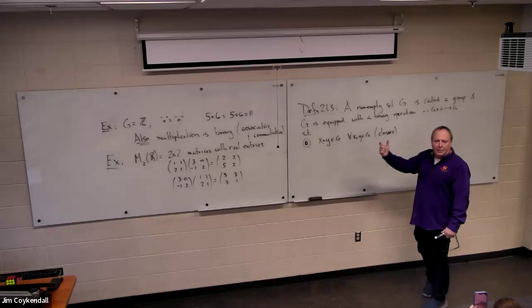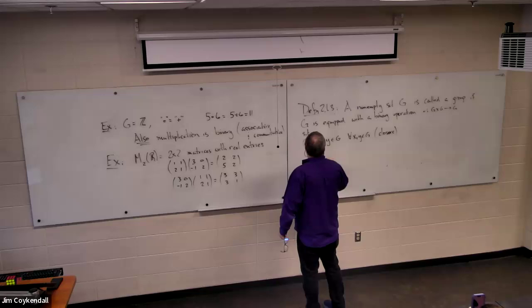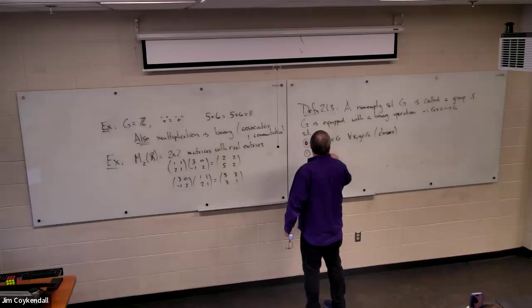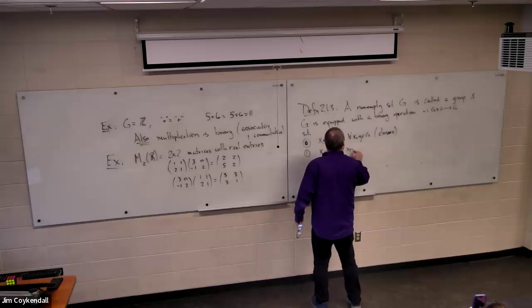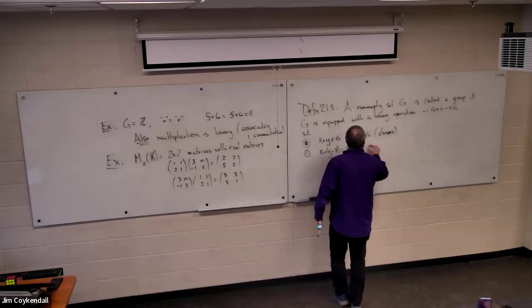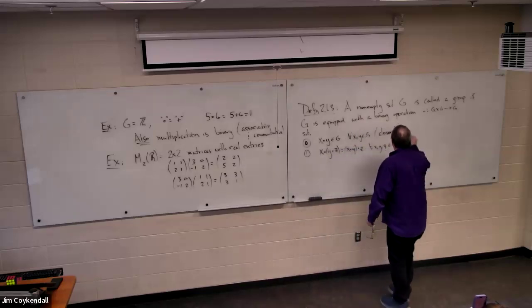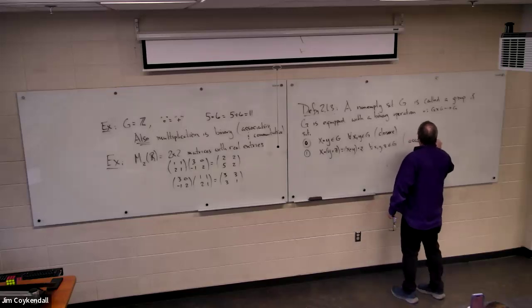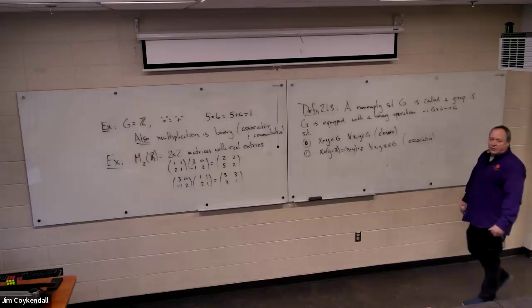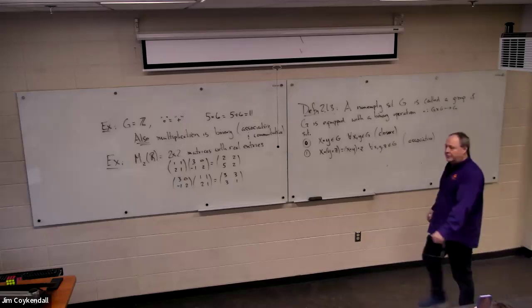When I take two elements of the group and combine them, they're still in the group. Number one, X. So number one just means that the operation is associative, right? So my binary operation is associative.